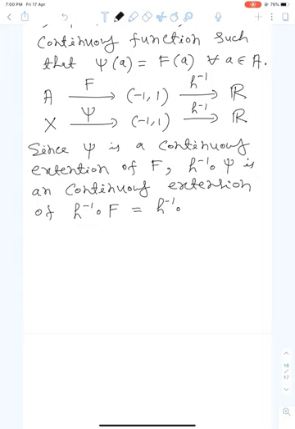So we know H inverse, we know my f is H composed with the original f, right? So that is just the original f.